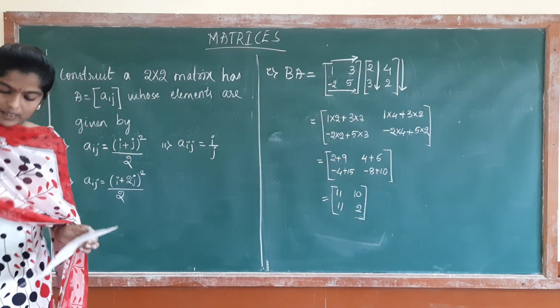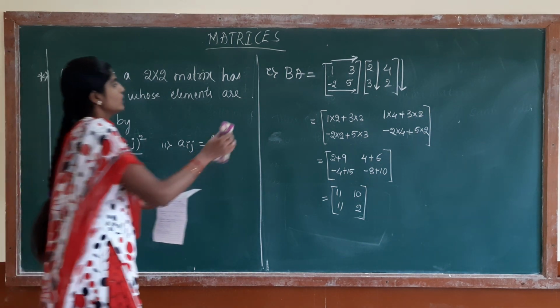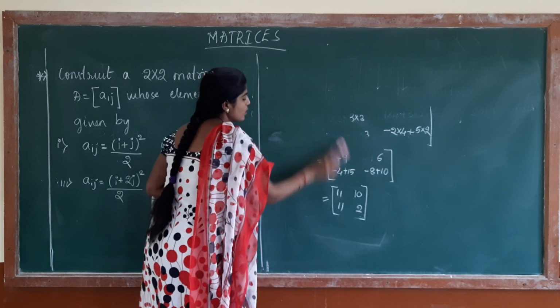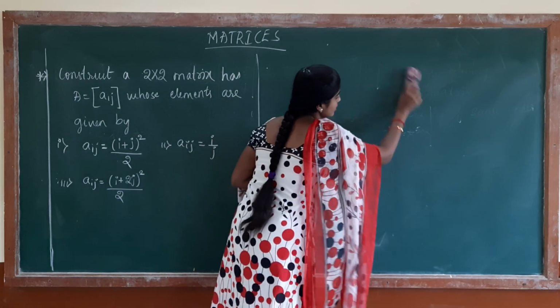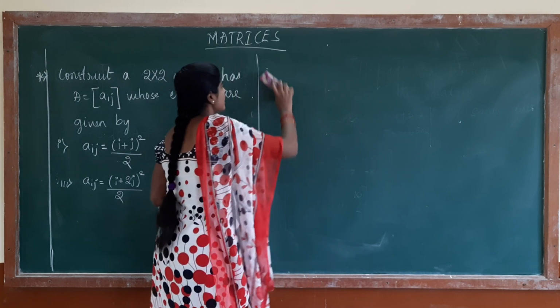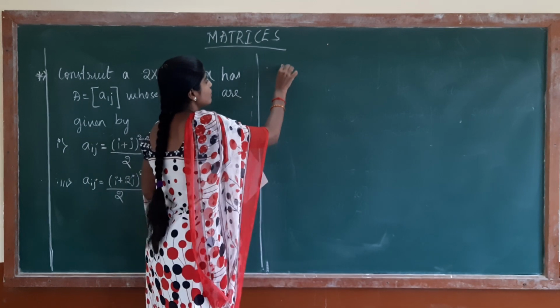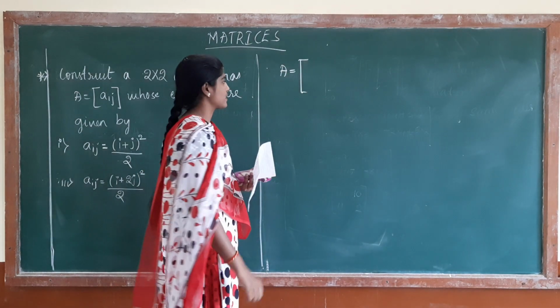So we have to construct the matrix of order 2 cross 2. To construct a 2 cross 2 matrix, how many elements do we need? It contains 4 elements. So first we have to write the general form of the 2 cross 2 matrix.